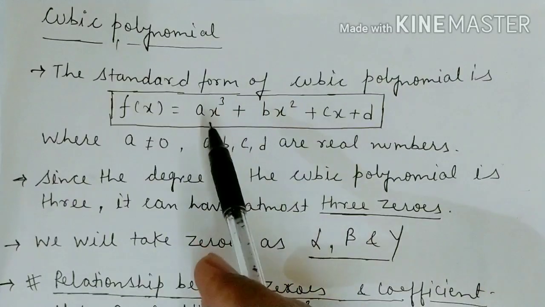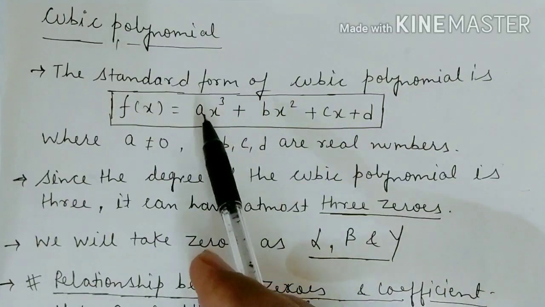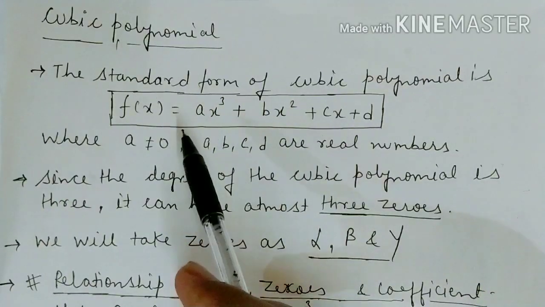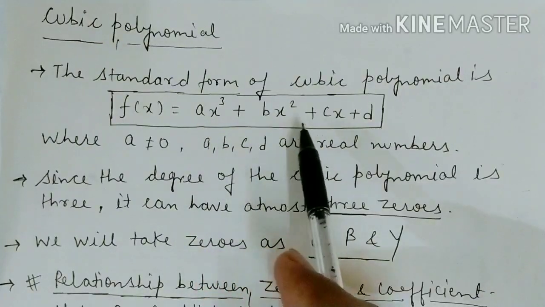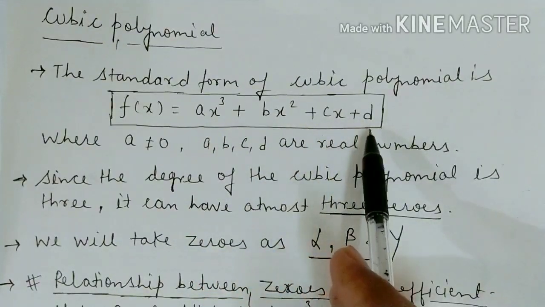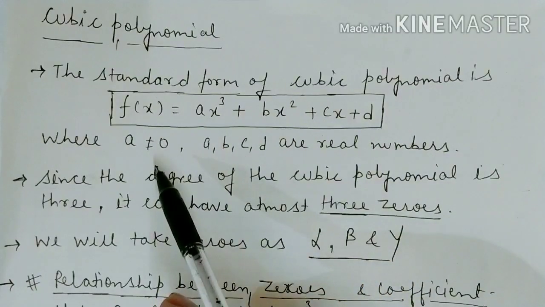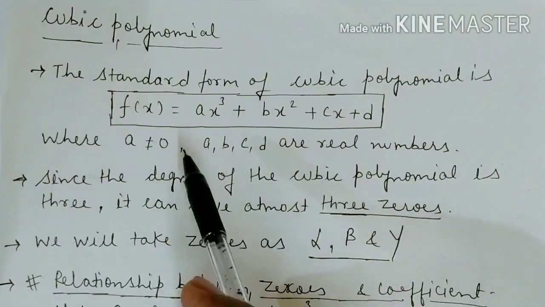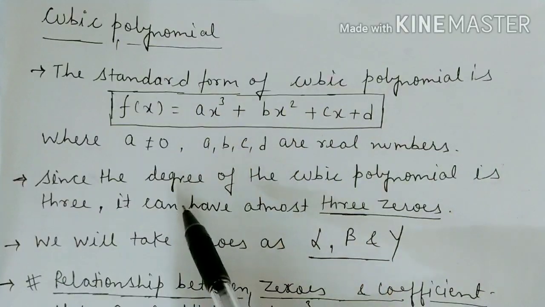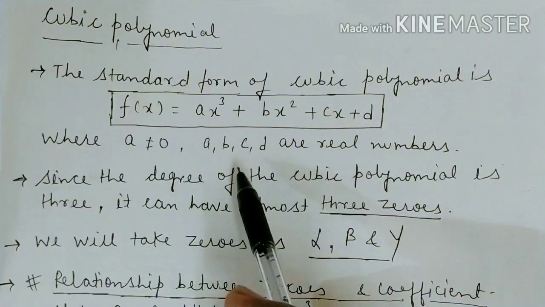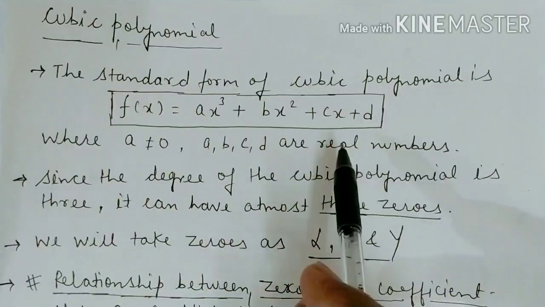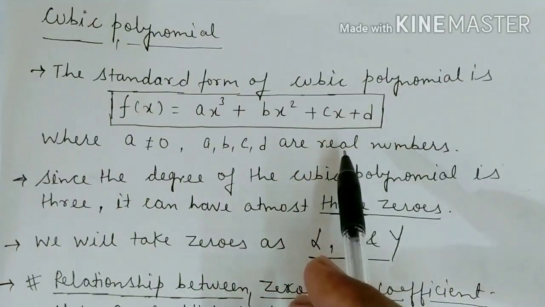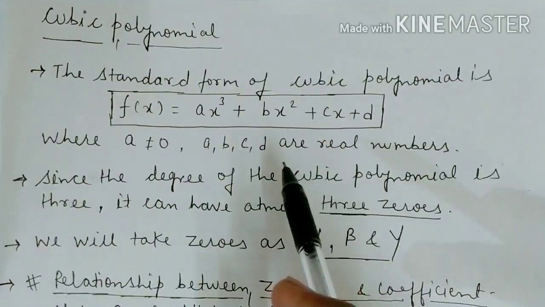So any polynomial having degree 3 is called a cubic polynomial, and in the standard form it is written as ax cube plus bx square plus cx plus d, where a is not equal to 0. If a equals 0, it will become a quadratic equation. Clear? And one more condition: a, b, c, d are always real numbers. You cannot have an imaginary number in place of a, b, c, d.